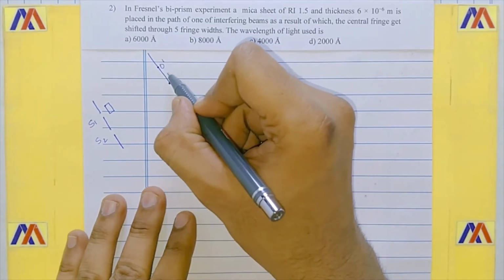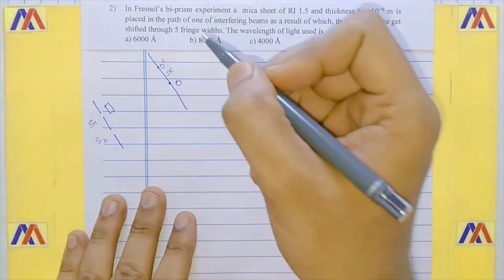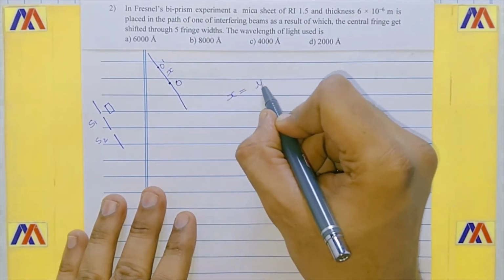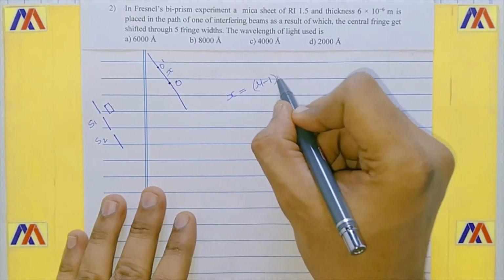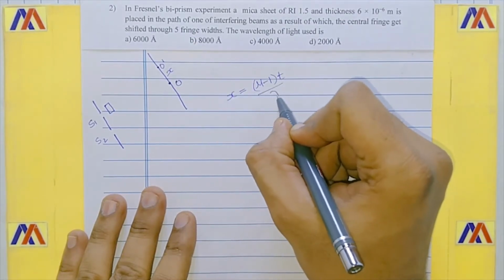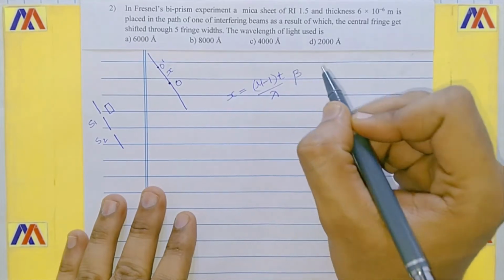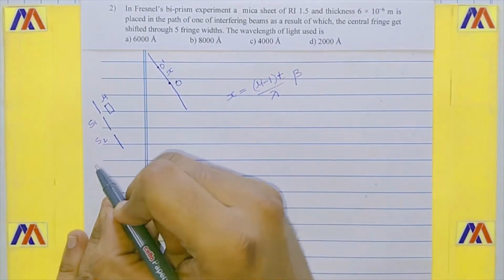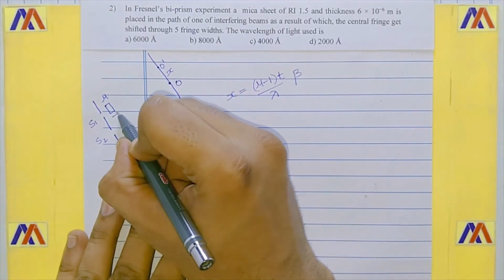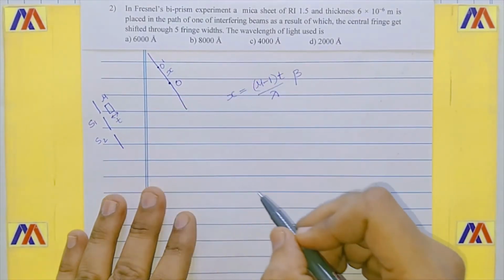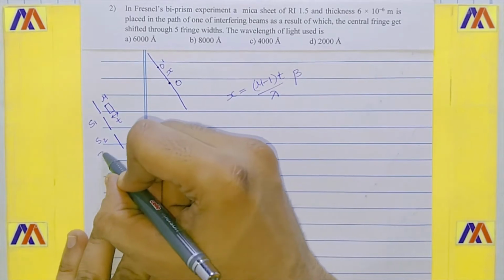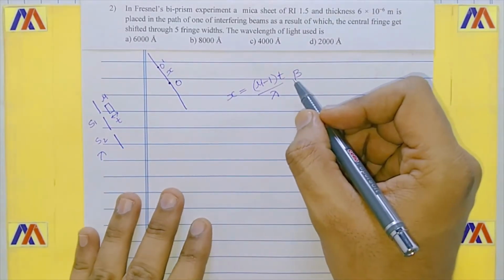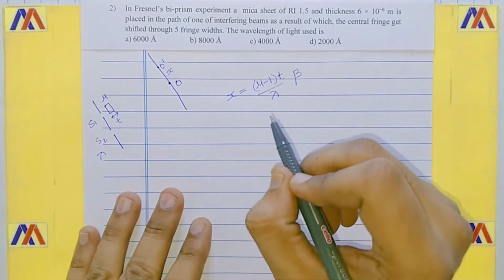Say the shift is equal to x, which is given by the formula x equals (mu minus 1) into t divided by lambda into beta, where mu is the refractive index of this transparent medium, t is the thickness of this transparent medium, lambda is the wavelength of light used, and beta is the fringe width.